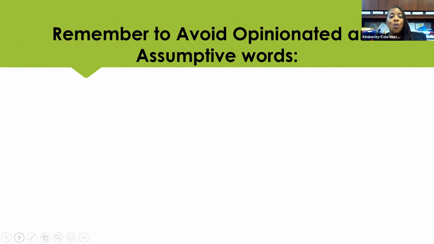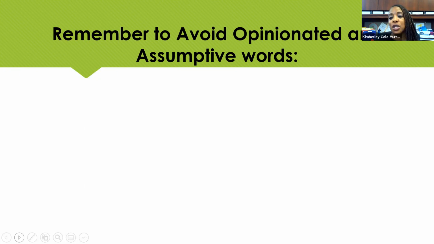So when we're writing our anecdotal notes, remember, I want to truly emphasize that we do not want to add anything to our notes. We do not want to use any opinionated words where we're giving an explanation, or we're giving our opinion as to why certain things are happening.